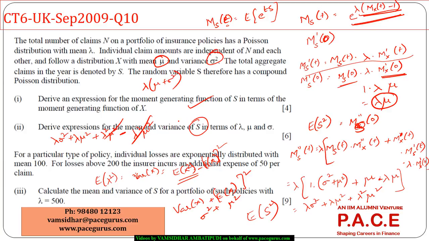So I have the formulas: expected value of s coming out as lambda mu, variance of s coming out as lambda times mu squared plus sigma squared.